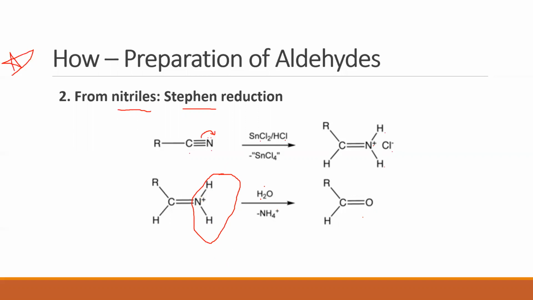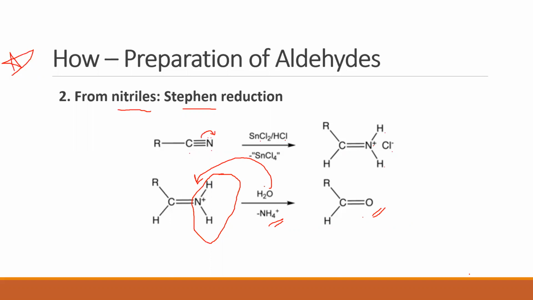I have two hydrogens in water. Both the hydrogens will be used to take away the nitrogen, which will go out as NH4 plus ammonium ion. And in place of that NH2 plus, oxygen will come in, giving us what? Giving us an aldehyde. Clear?